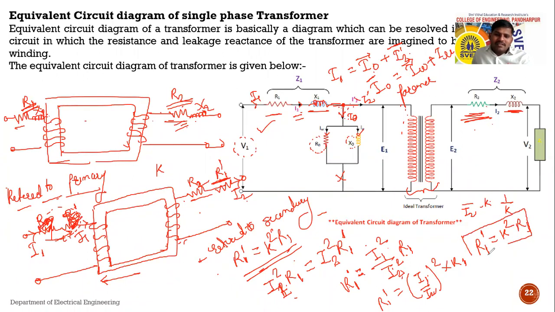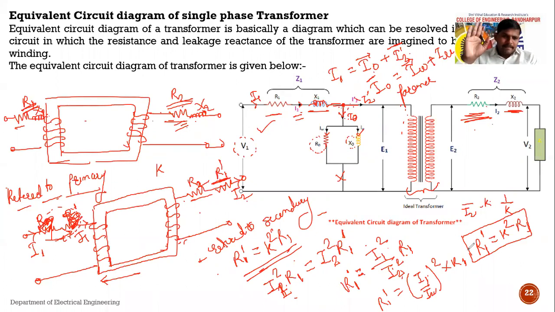So what is the conclusion? While referred to primary, that means transferring the secondary value into the primary side, there is a divide by K square. While transferring the value from primary to secondary, we call it referred to secondary, and there is a multiplication of K square.